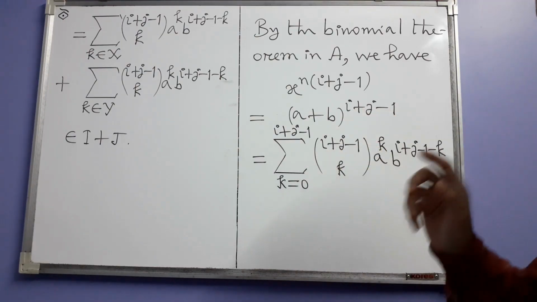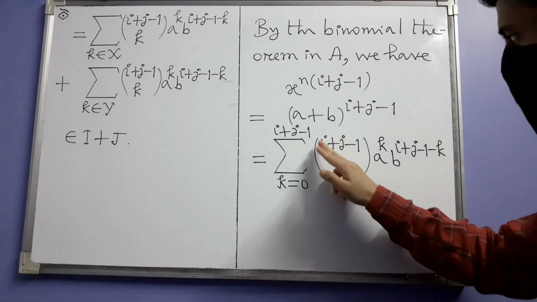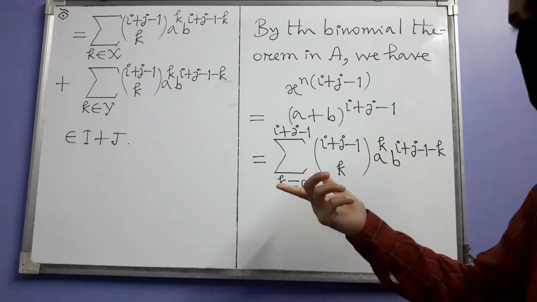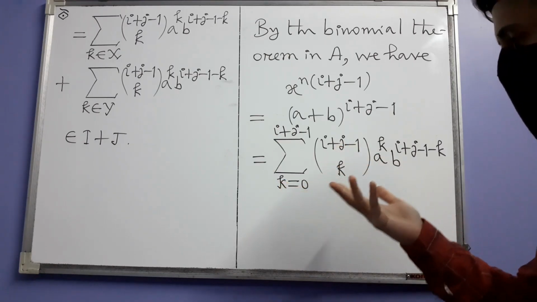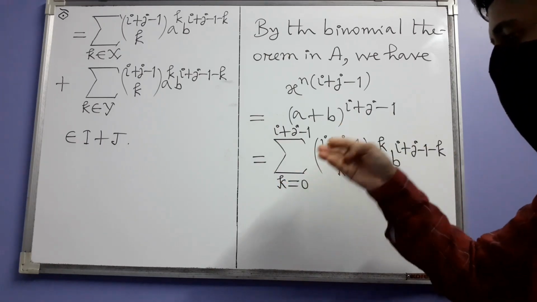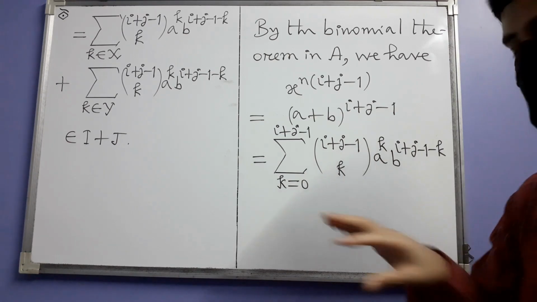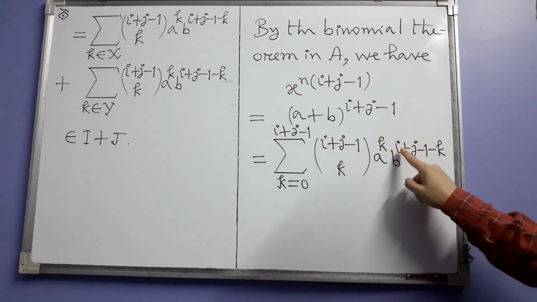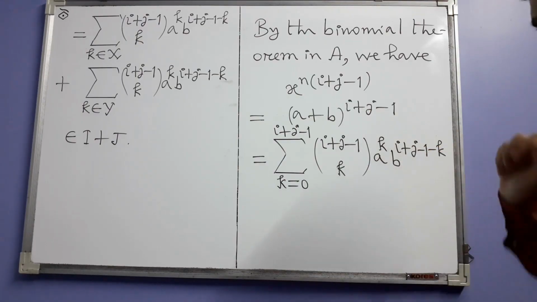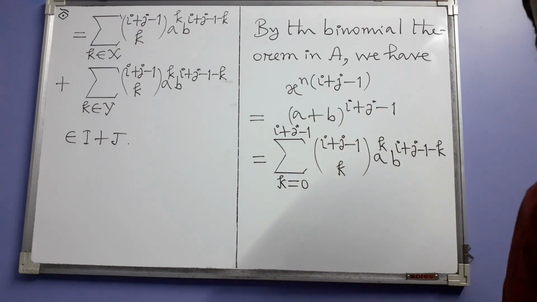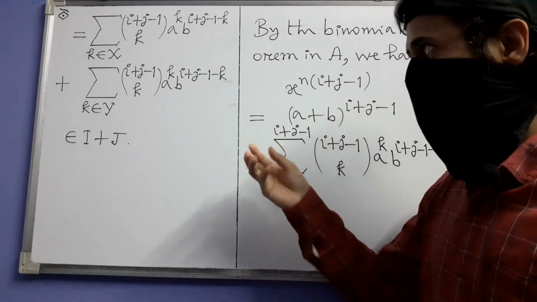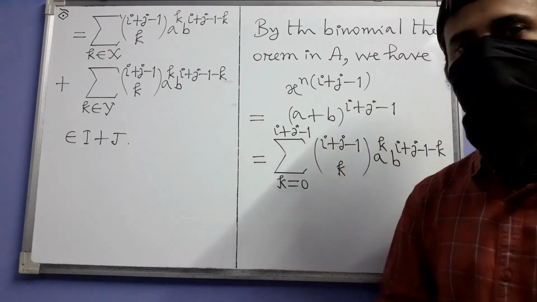And what are the terms in this sum? You see the usual binomial coefficient here, which in another notation would be read as i plus j minus 1 choose k, times a to the power k times b to the power this exponent minus k. So k is the index of this summation. And we are using those sets x and y to split this sum into two parts.